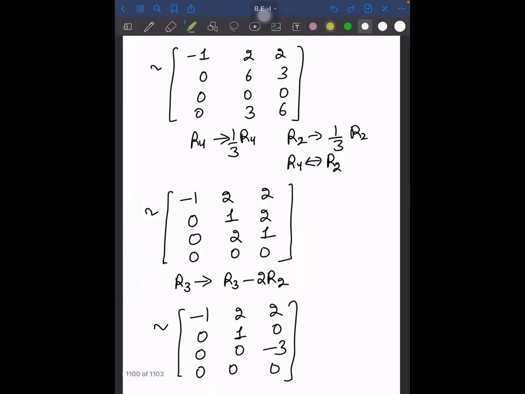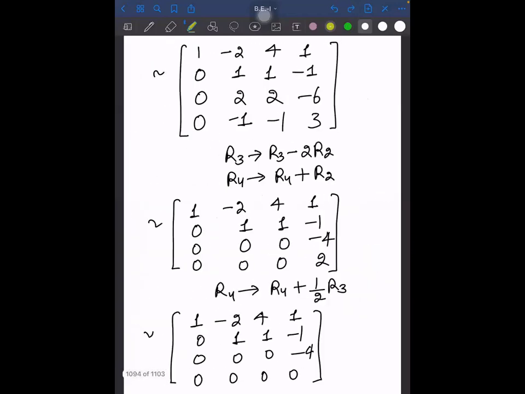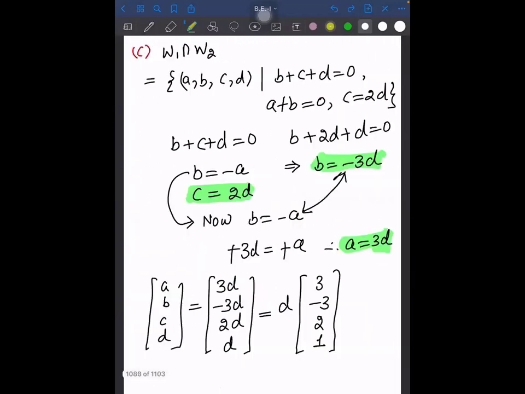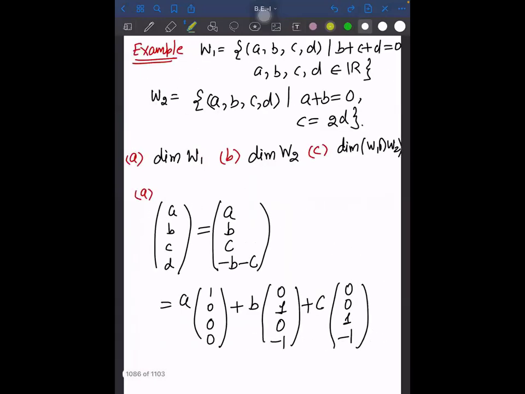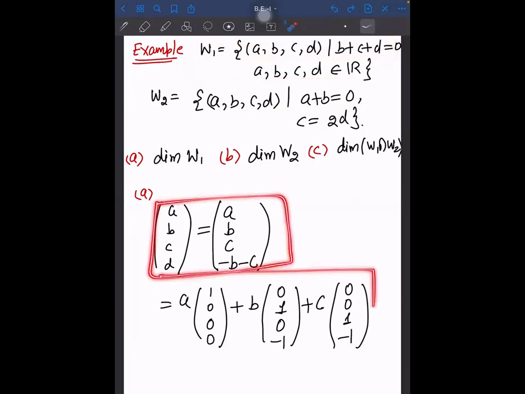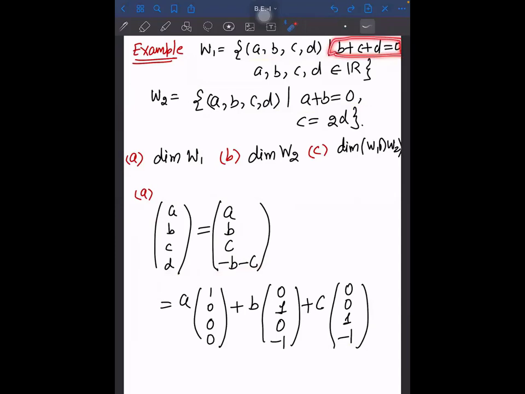So see this, I'm just going back to that question. So yes, here you can see that we were finding W1, W2, and we were imposing only conditions, right? Yes. Yes, sir. So here we will have W1, and we have found the basis of W1 by substituting these constants, right? By using these conditions, we were eliminating one of them, and here we have eliminated the D, and that's how we have found the dimension and basis for the W1.